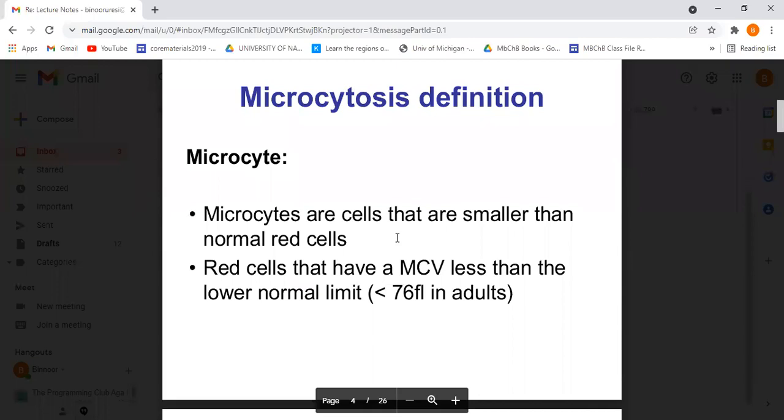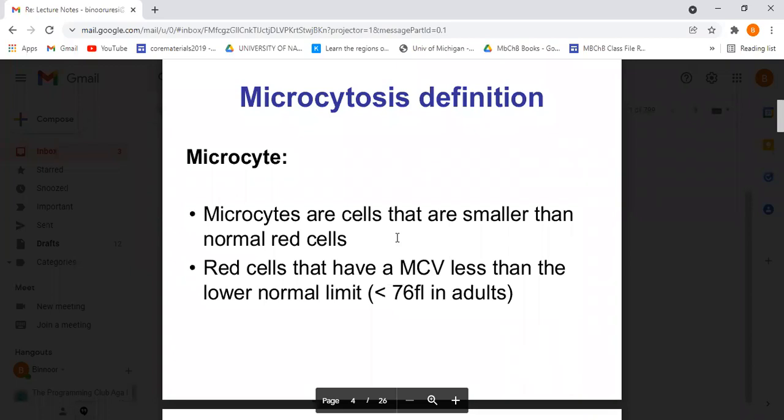The microcytes are basically cells that are smaller than normal red cells. Micro means smaller. There is macro, which we will be covering next week, meaning big or larger. So we are defining micro. The MCV, as I said, is what we use to measure the mean corpuscular volume.